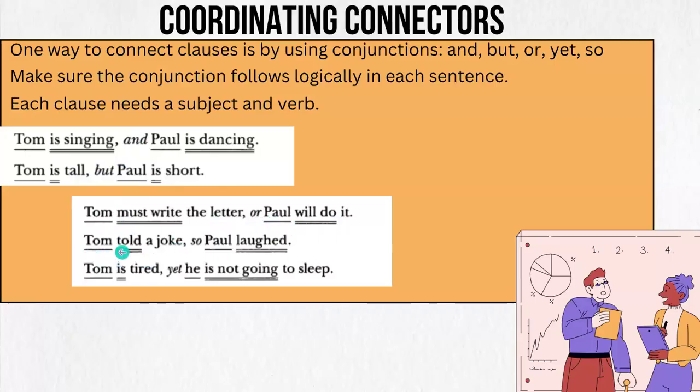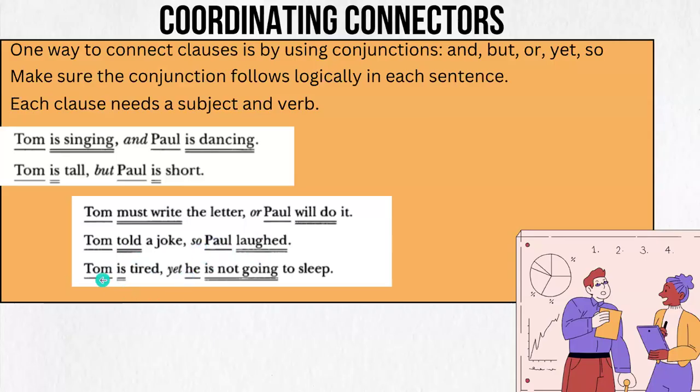Tom told a joke, subject and verb. Paul laughed, subject and verb. The connector so shows a consequence or an effect. Because Tom told a joke, Paul laughed. That's why we use so.